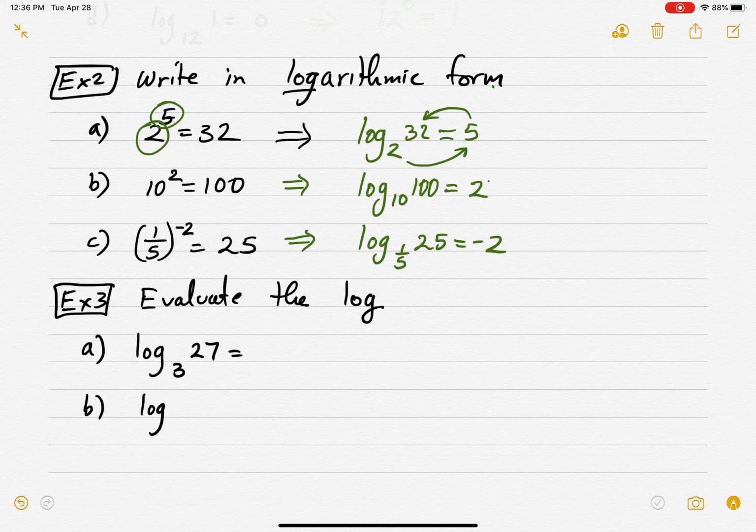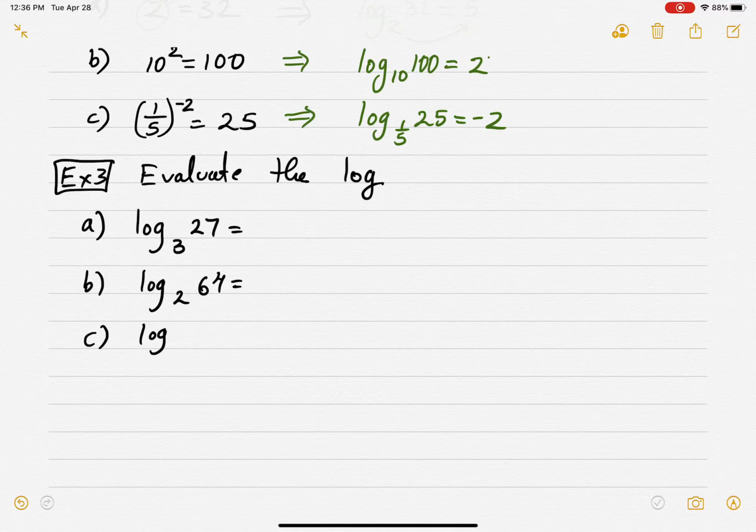What is log base 2 of 64? What is the log base 1/4 of 4? What is the log base 5 of 1? That's supposed to be D, and then E. What is the log base, say, 10 of 0.01?